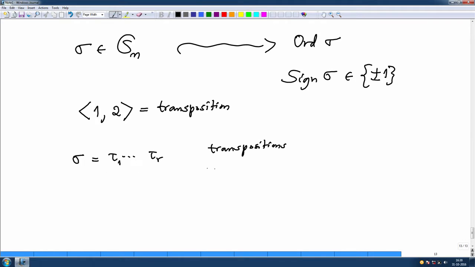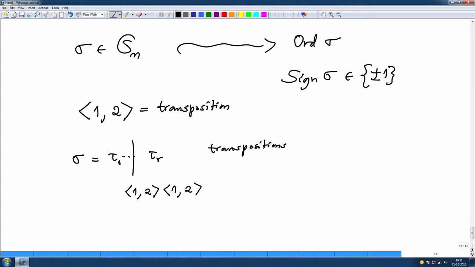Obviously, this decomposition is not canonical and not unique anymore, because somebody might insert here (1 2) and (1 2) again. This is identity actually, so I have inserted identity. So this decomposition is not unique, the number is not unique, but the parity is unique. This is what I want to prove.